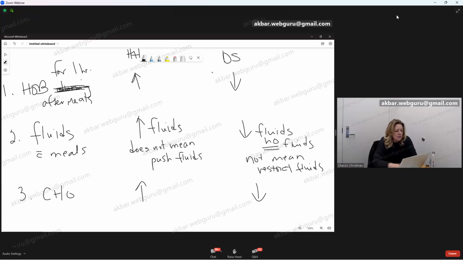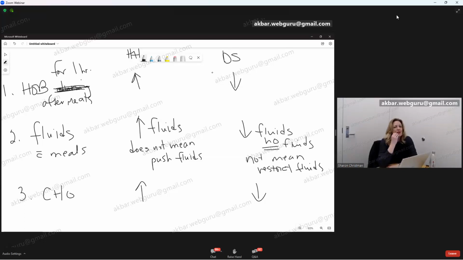Is semi-Fowler's up? Semi-Fowler's is usually about 30 degrees, 30 degrees or less, around that. Is there a degree for head of the bed if we want the head of the bed up? No. I usually say semi-Fowler's, Fowler's, high Fowler's.